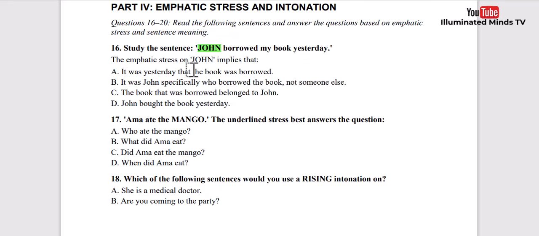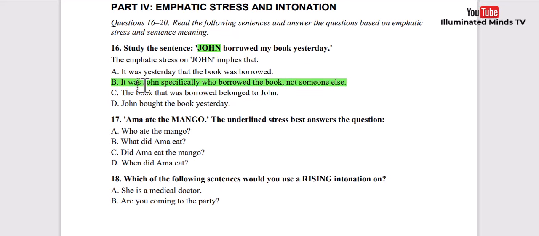Option A, it was yesterday that the book was borrowed. Option B, it was John, specifically, who borrowed the book, not someone else. Option C, the book that was borrowed belonged to John. Option D, John bought the book yesterday. Now, looking at this, what do you think the correct answer is? Any option you want to choose, make sure that the main focus is on John. And option B would be the most accurate one.